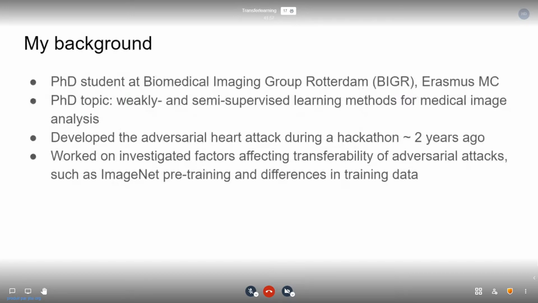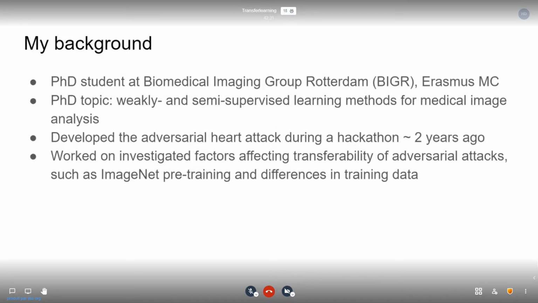However, around 2 years ago, we had an internal hackathon of sorts, and it was there where I came up with this method that I'm going to talk about today, the adversarial heart attack. It was so fun that I got kind of sidetracked into researching adversarial attacks, and I did another project about factors that affect transferability of adversarial attacks.